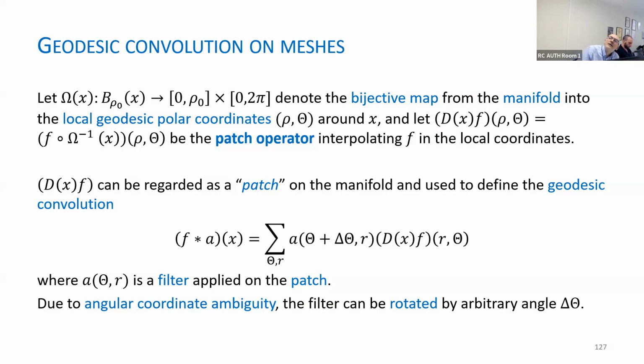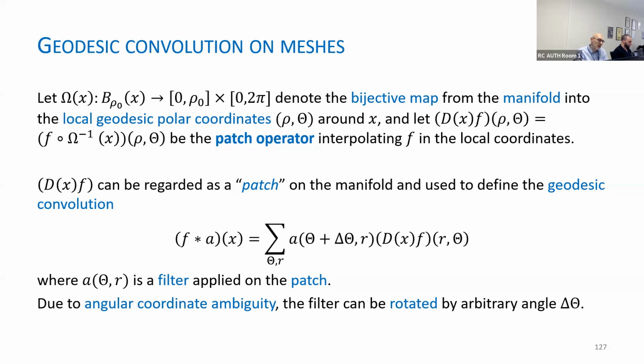D is actually an operator that allows us to sample the function f. It is called the patch operator, and it is used to sample the function at a given point. But it's nothing more than the sampling of the function on the surface.